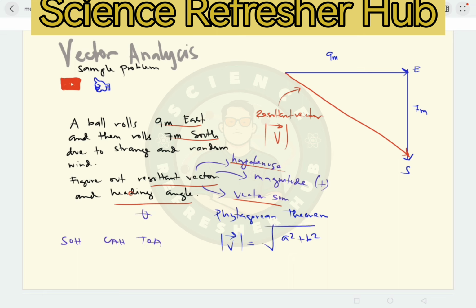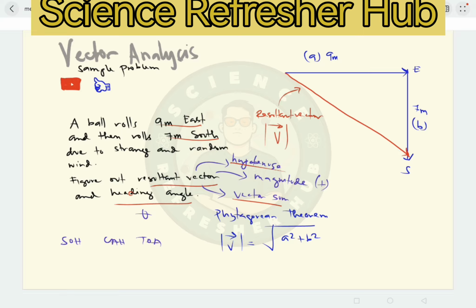Always remember, you can assign either side to be the A side or the B side. We will still have the same answer because we are just adding the squares of each side. Let's say you chose 9 to be A and 7 to be B.